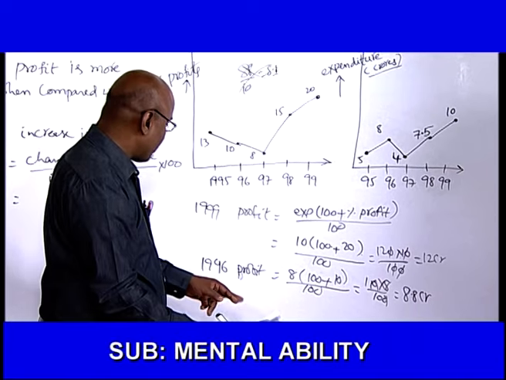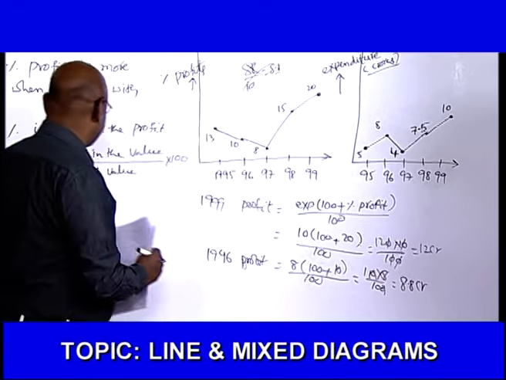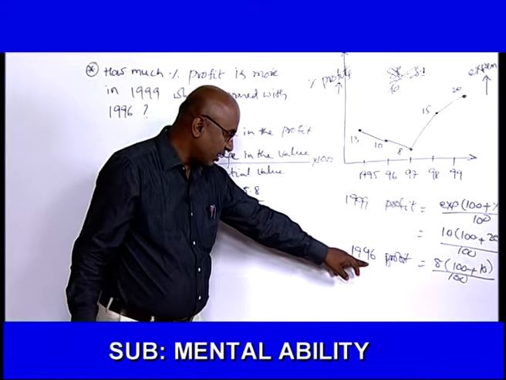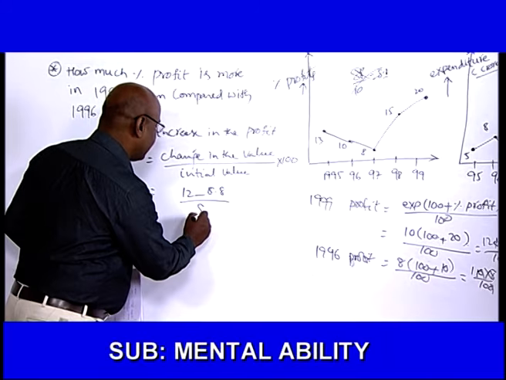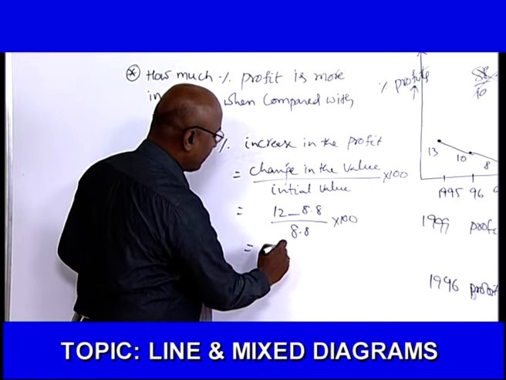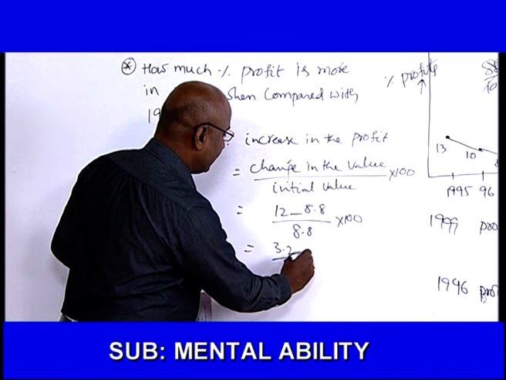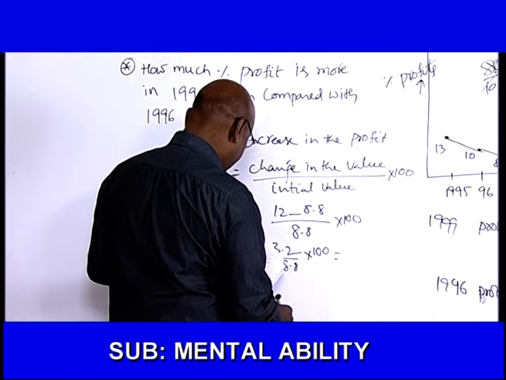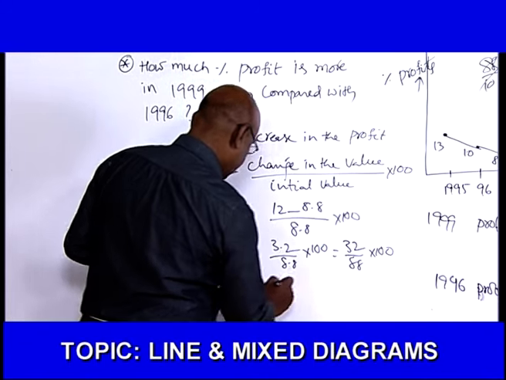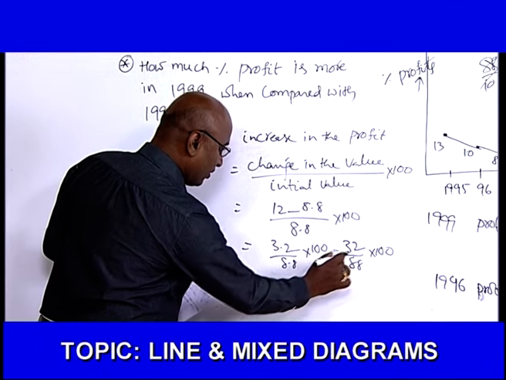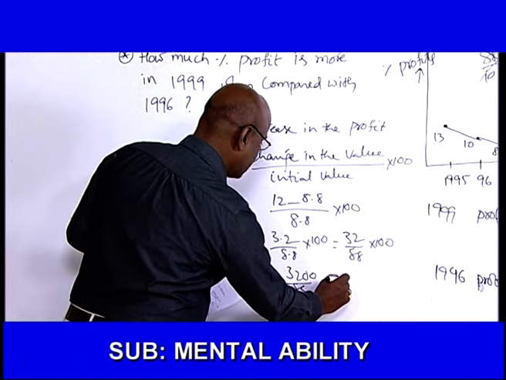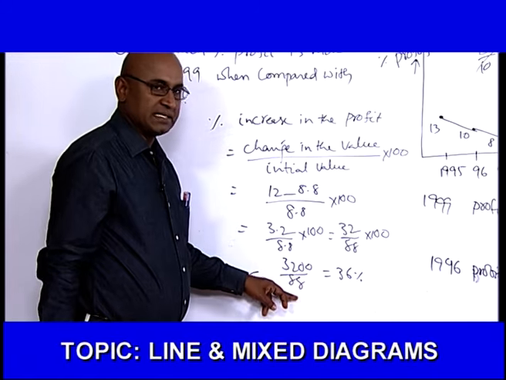Got it? So the profit in the year 1996 is 8.8 crores, and 12 minus 8.8, by the initial value, since we are comparing in the value of 1996, that is 8.8 into 100. 12 minus 8.8 is 3.2, so 3.2 by 8.8 into 100, that is 32 by 88 into 100, that is 3200 by 88, equal to 36%.